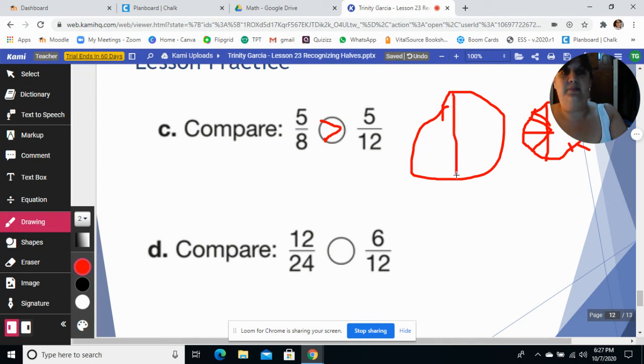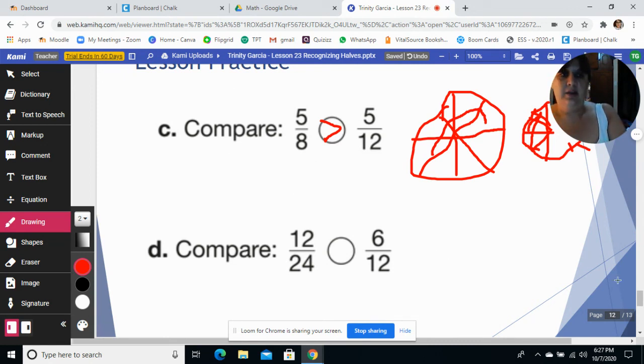Only 8. Here's our 8 parts. And we have 5 of them colored. So that leaves this much of the pizza. But if we had 5 of these, 1, 2, 3, 4, 5, we have all of this, but they're small little pieces. Okay, so that's the direction we want to go.